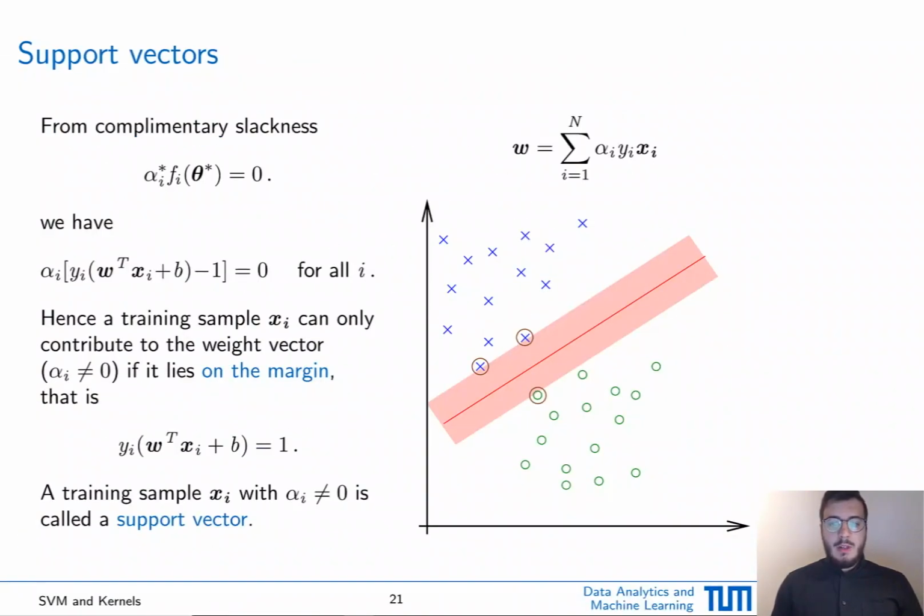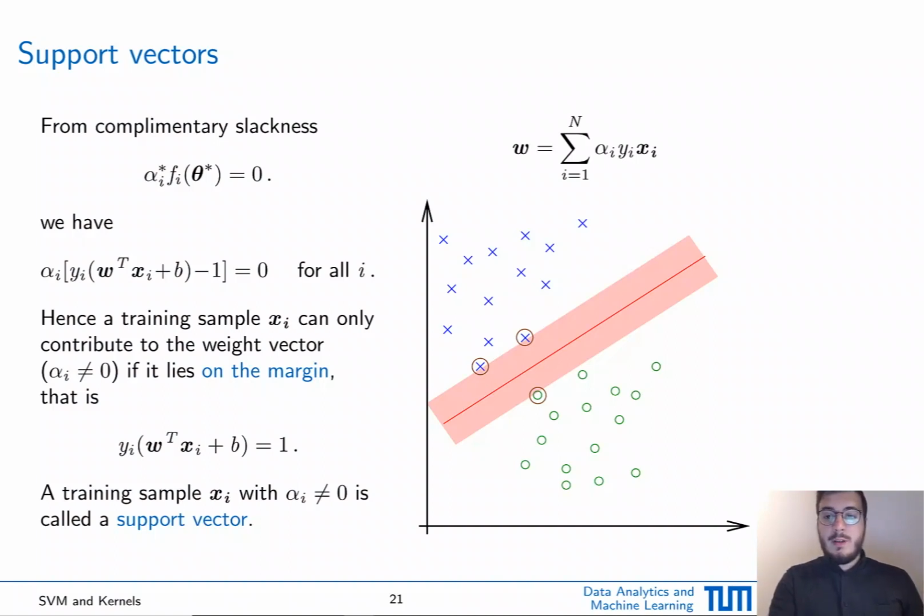Another interesting thing which actually comes out of this complementary slackness condition is that only those alpha i which are non-zero are contributing to our weight vector. So if you think about it, out of all of these alpha i's here, some of them are 0 and some of them are positive, and only those which are positive will contribute a term into this sum.